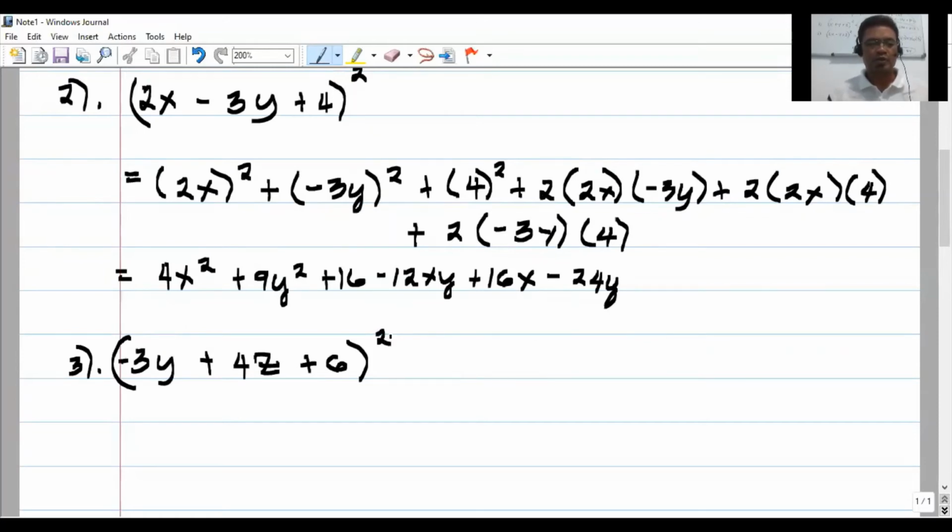Okay? So again, the first step is square the first term. And the second step, square the second term. And the third step, square the third term.